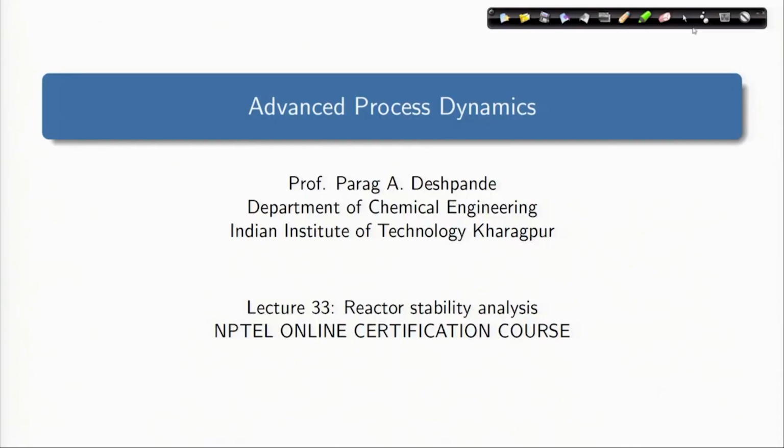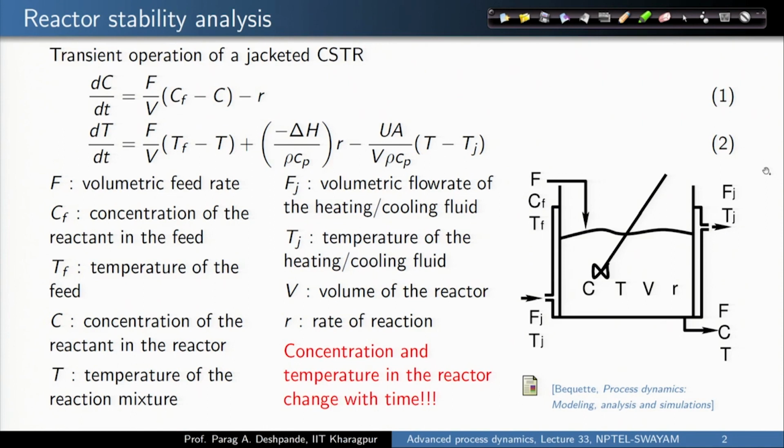So, today we will take one particular example of reactor stability analysis. Okay. So, let us have a look into the system that we have in front of us. We had this example right in the first lecture, where we saw that we have the case of transient operation of a jacketed CSTR. CSTR stands for continuous stirred tank reactor.